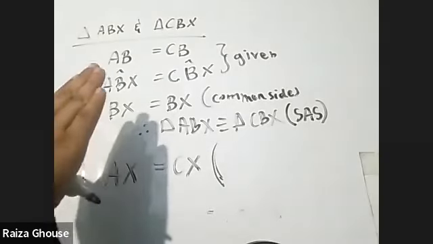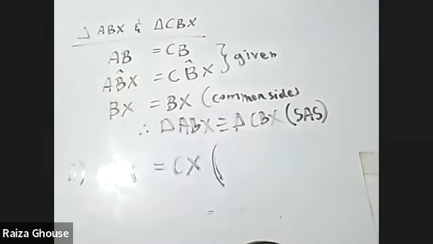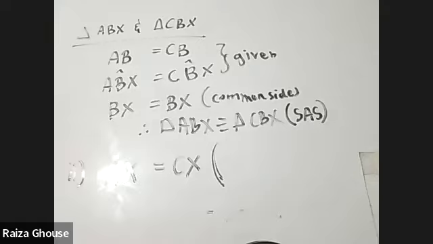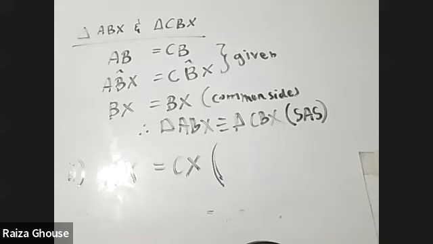I'll read it. Put Roman number 2 and write AX equals CX. Open the bracket and write the reason I am telling you. Write it down: corresponding sides of congruent triangles. That is the reason.